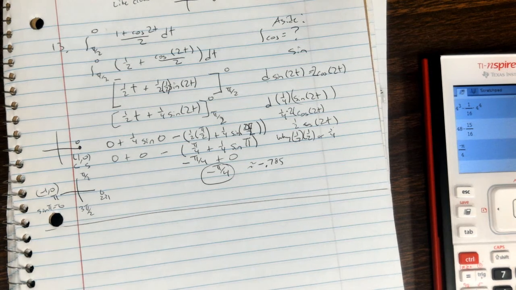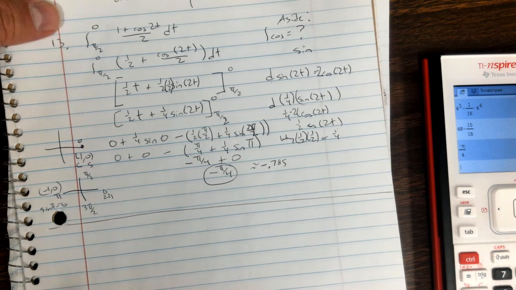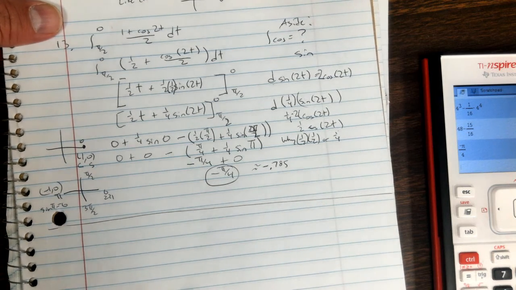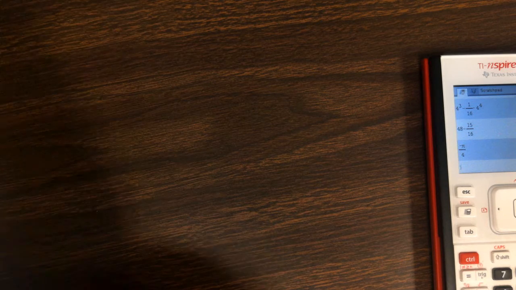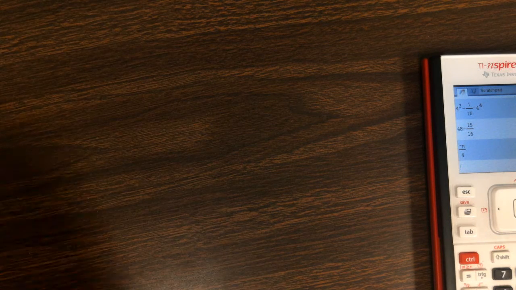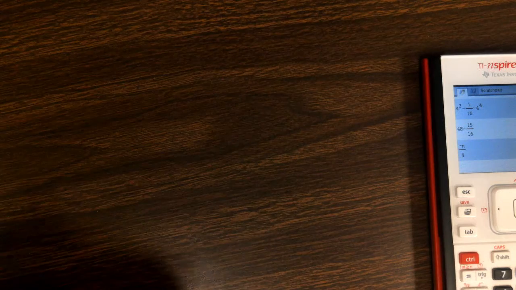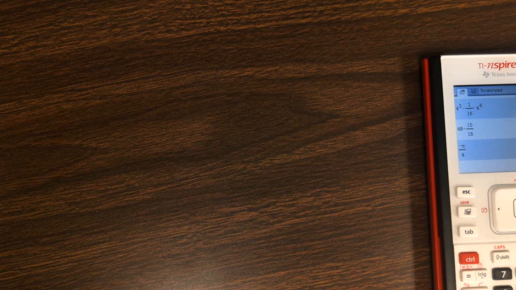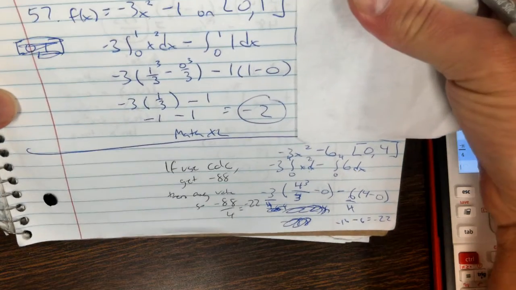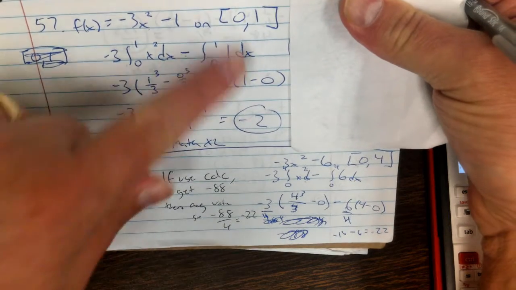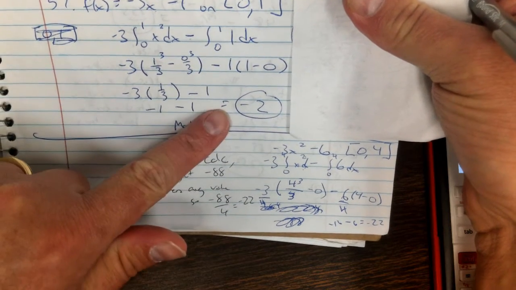There is one other thing I wanted to mention before I get too much further in this assignment, and that is if we go back to the other assignment, the very last problem, what I noticed is on the one we did in the book, our integral was just 0 to 1, and so I showed you all how to do that.